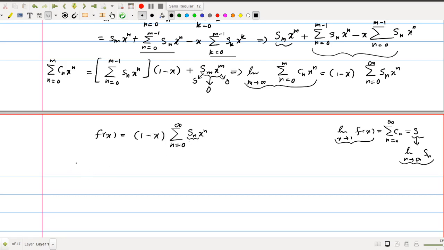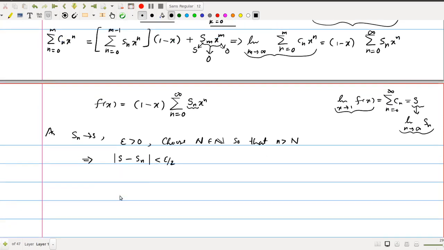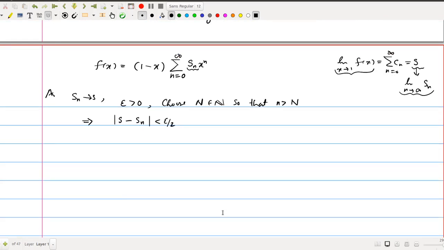Now as this Sn converges to s, for every epsilon greater than 0, we can choose N, a natural number, such that for all n greater than N we have mod s minus Sn is less than epsilon by 2. After this N, this modulus is always less than epsilon by 2 because Sn converges to s.